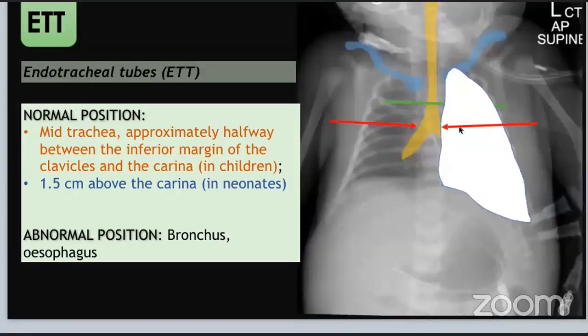And here, this is the diagram again. The green line is the level of the endotracheal tube.